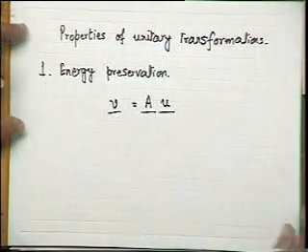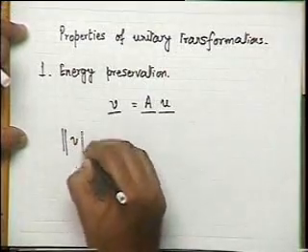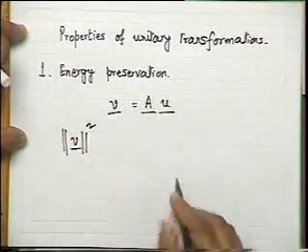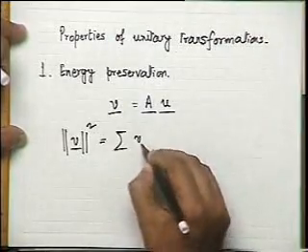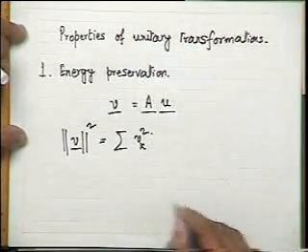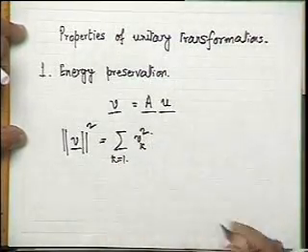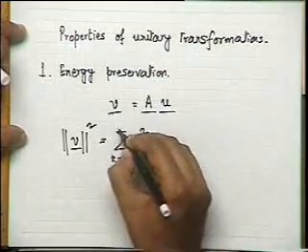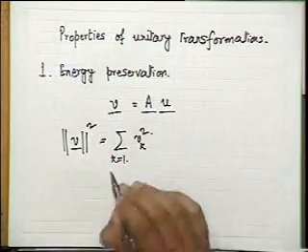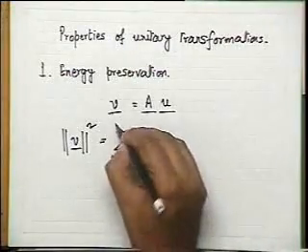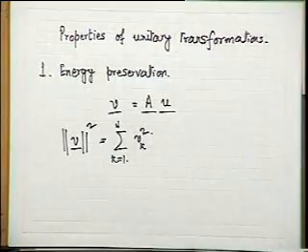Now the energy is defined like this. The Euclidean norm of this vector V, which is defined as summation Vk square, where k is equal to 1 to n. Of course I can write it as 0 to n minus 1 or 1 to n. Let us say I am writing k equal to 1 to n, Vk square. That will give me the energy of the transformed vector.